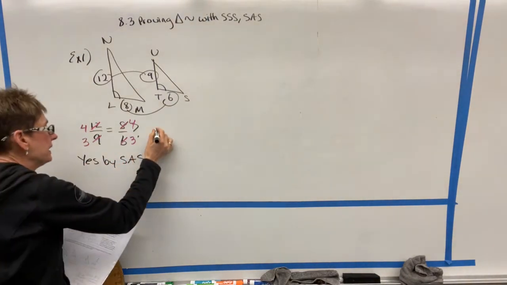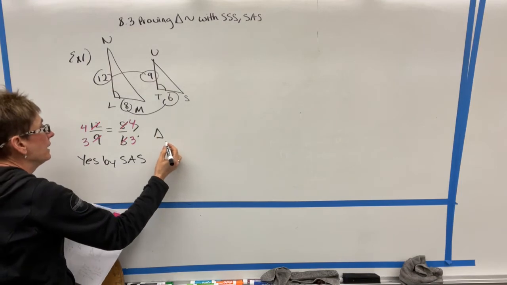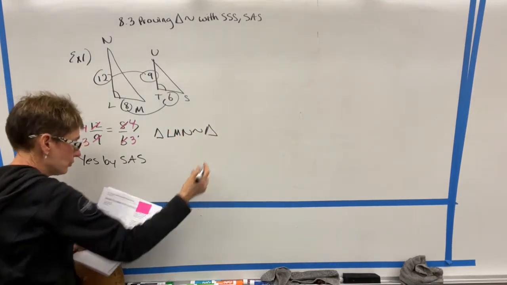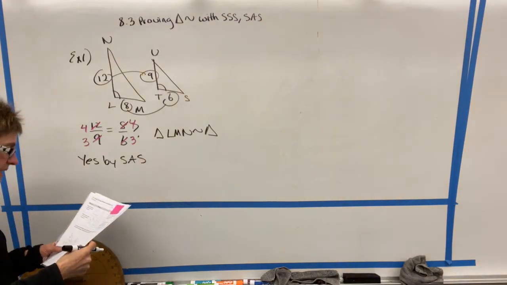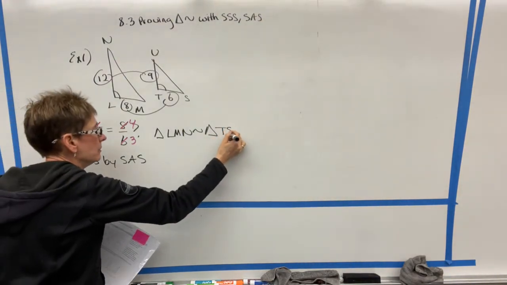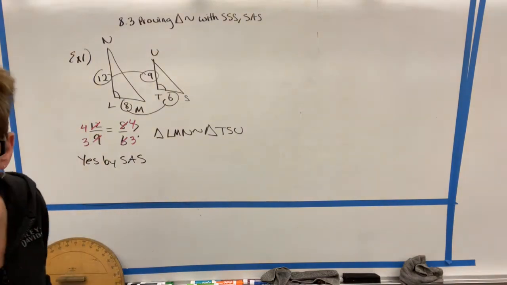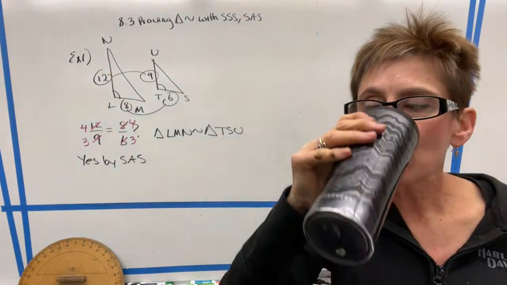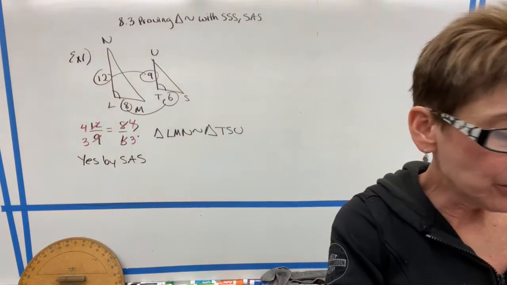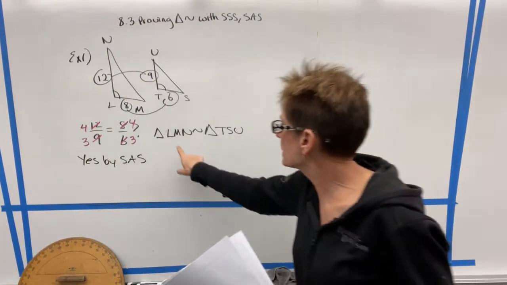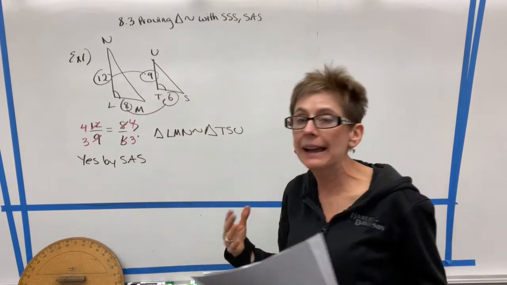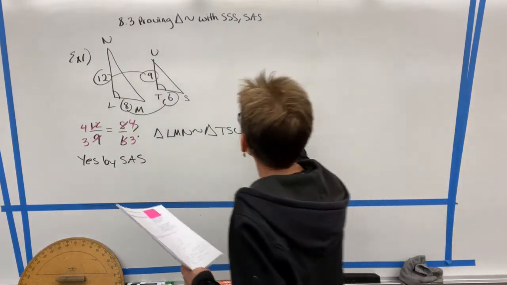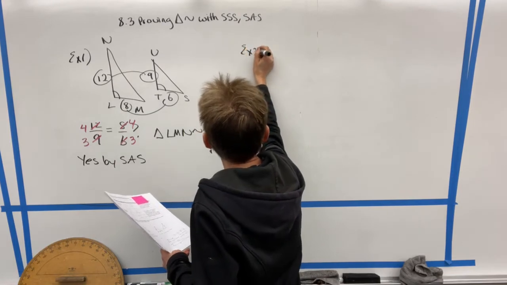Our similarity statement could be that triangle LMN is similar to triangle TSU. Again, we just need to make sure that the angles are listed in the appropriate order. So that, for example, since L is first here and T is first there, L and T are the ones that are congruent. All right, let's do example number 2.